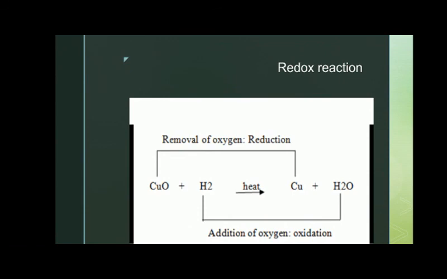So it is crystal clear that removal of oxygen is called reduction, where we get the metal, and addition of oxygen is known as oxidation, where we get water as a product.